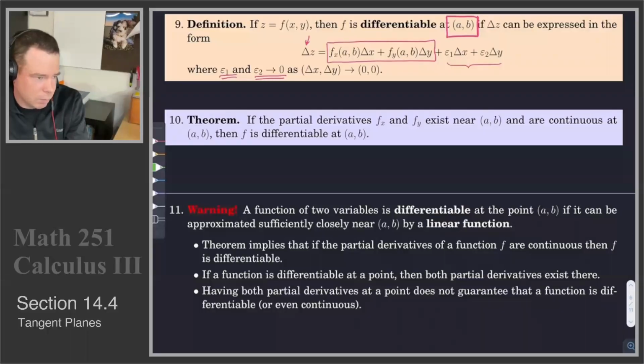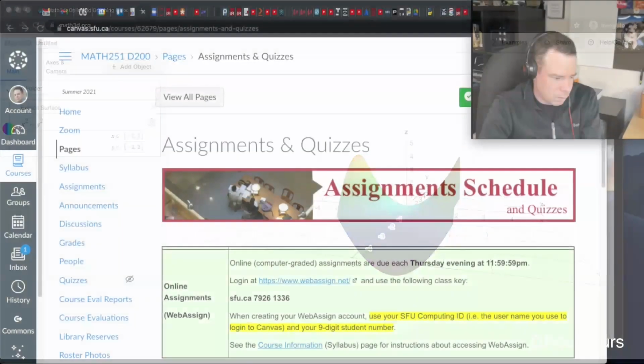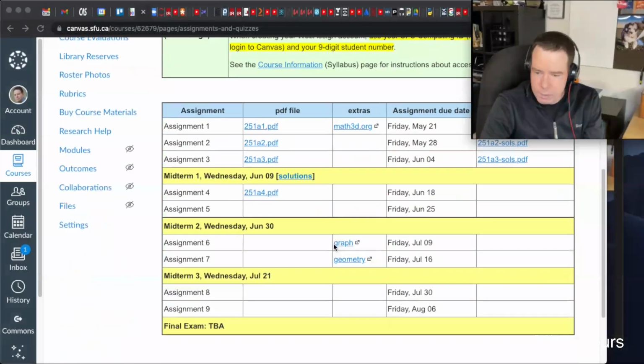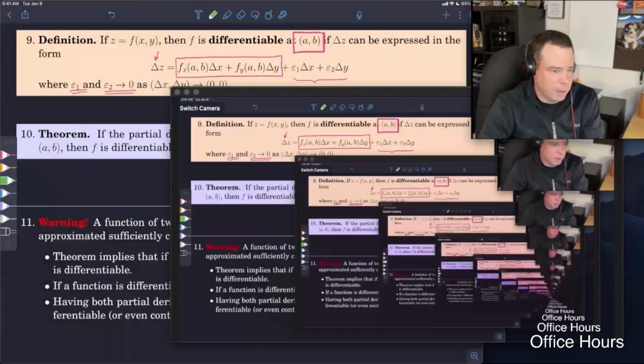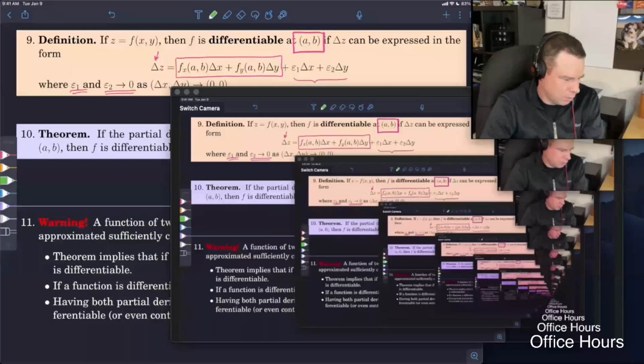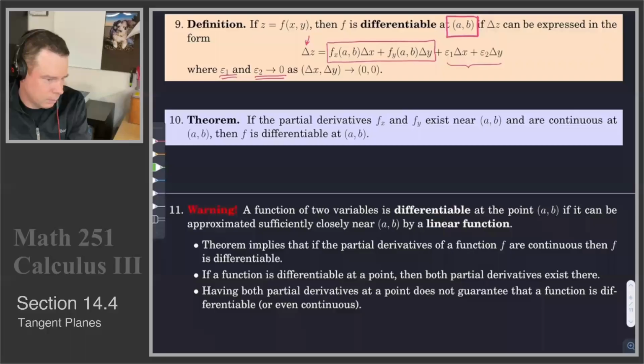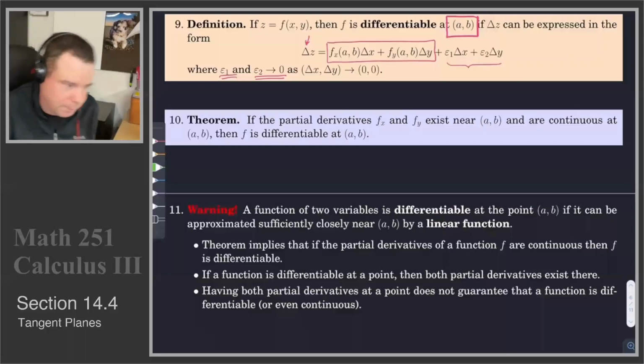Let me share my screen for a second. Assignment 4 is posted as a PDF, and that's available. The CrowdMark portion, though, I haven't released for submission yet. Does that answer your question? Yeah, all good. Thanks. You're welcome.